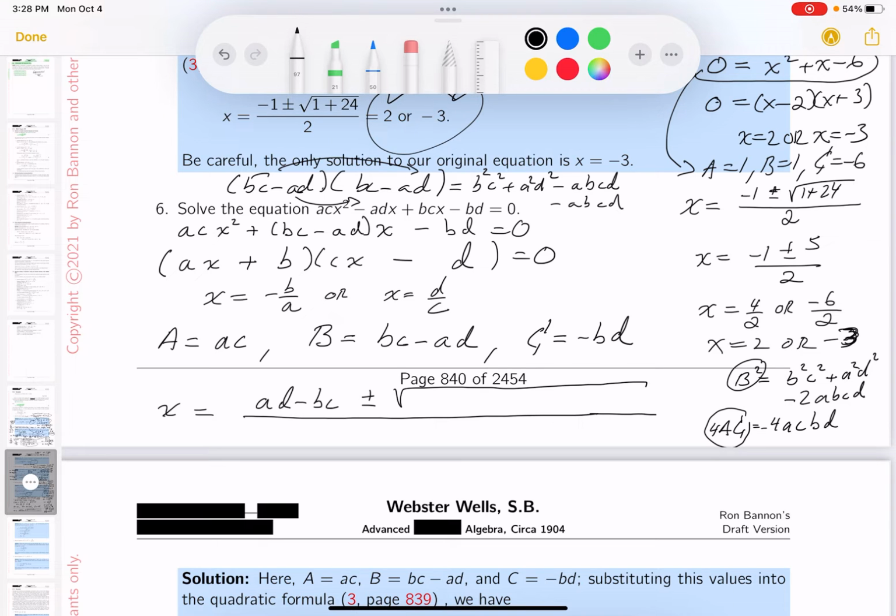What are you going to get over there? Let's take a look at that. You're going to get B squared C squared. Let's see, I guess you get 2ABCD. I'm combining the two terms in the middle.